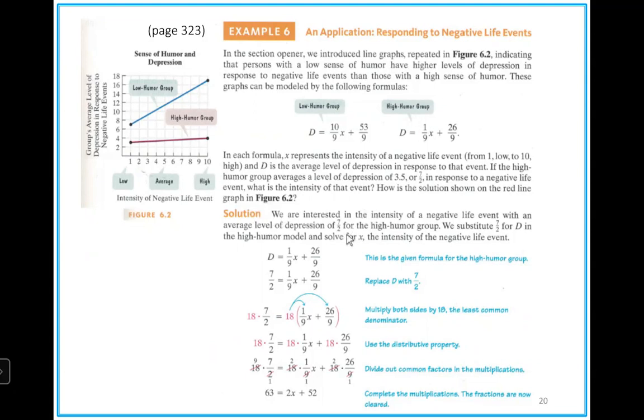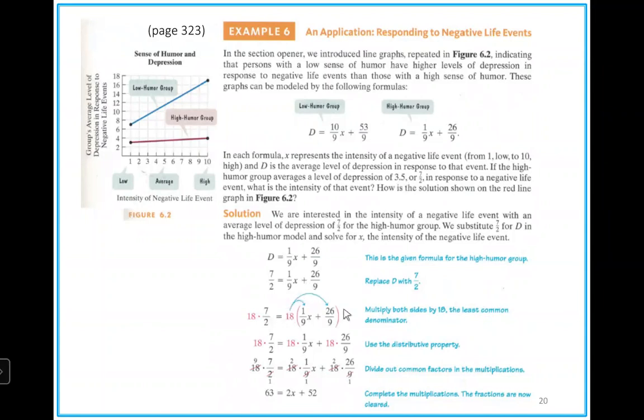All right, so because we have two formulas, one for low humor, one for high humor, the question asks about the persons in the high humor group. So this is the formula we'll be looking at then. And they tell you that the average is 3.5.